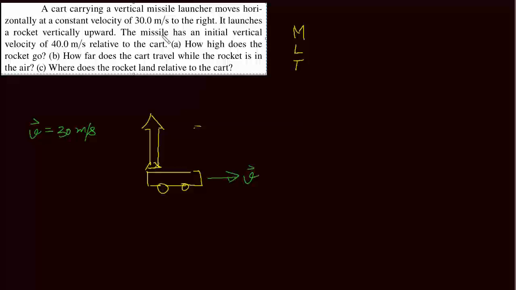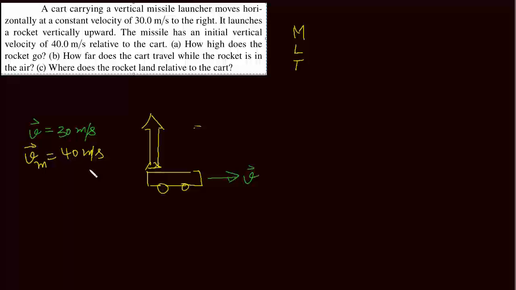And the missile has an initial vertical velocity of 40 meters per second relative to the cart. So I write, let me call it Vm, the velocity of the missile, is 40 meters per second.